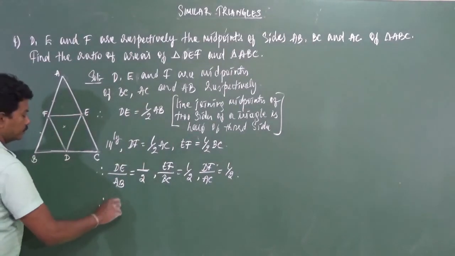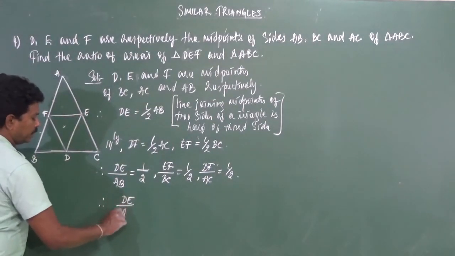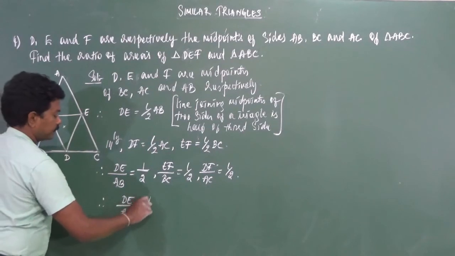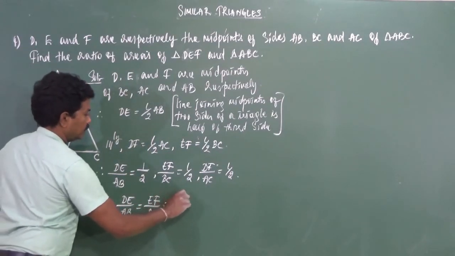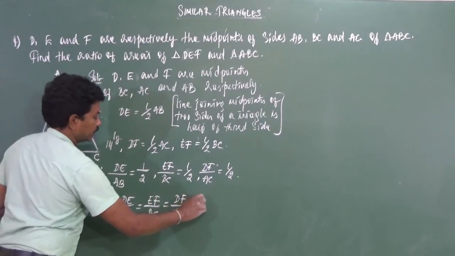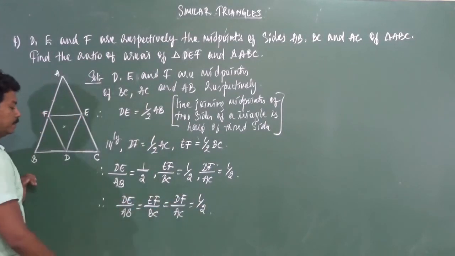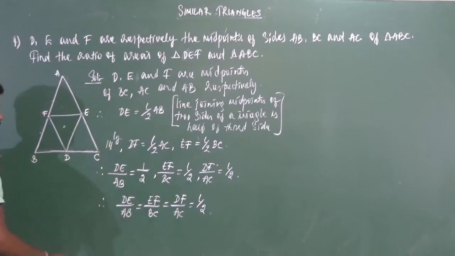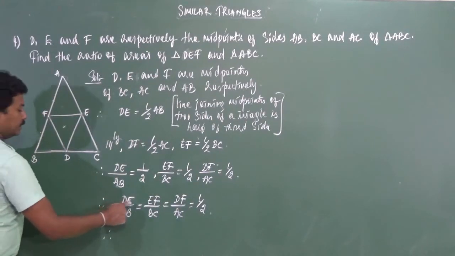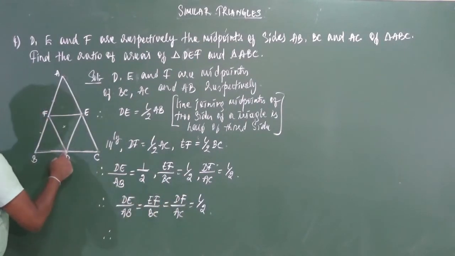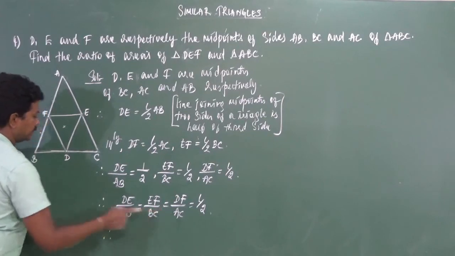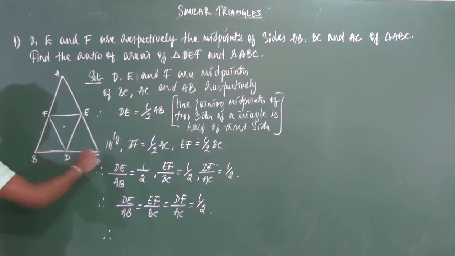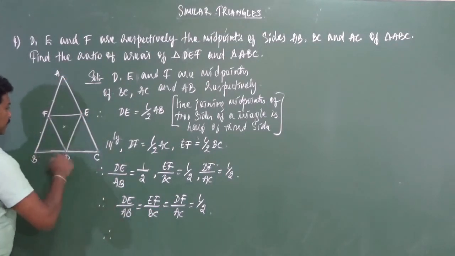So therefore DE by AB is equal to EF by BC is equal to DF by AC, which is equal to 1 by 2. So here there are two triangles: DE, EF and DF make triangle DEF, and AB, BC and AC make triangle ABC.